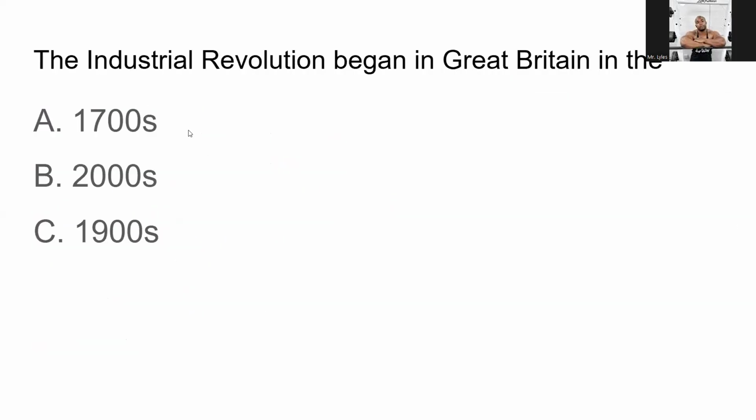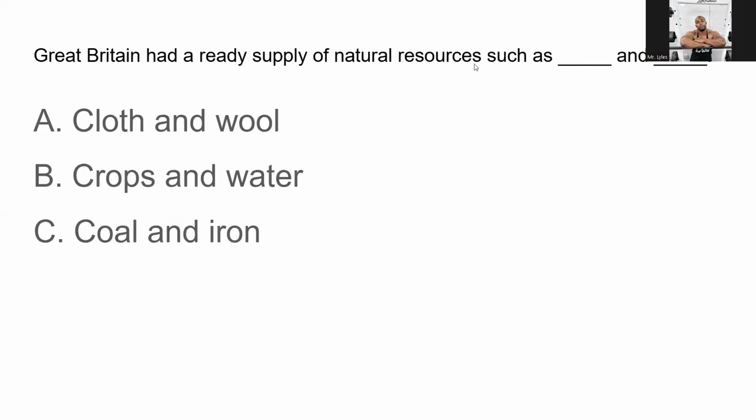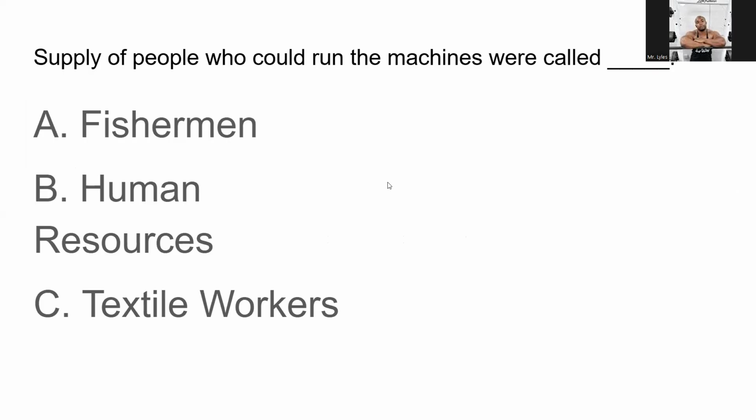The Industrial Revolution began in Great Britain in when? 1700s, 2000s, or the 1900s? Quite simply, the 1700s. Great Britain had a ready supply of natural resources such as coal and iron. Supply of people who could run the machines were called what?